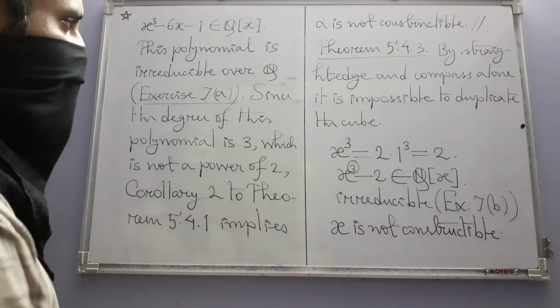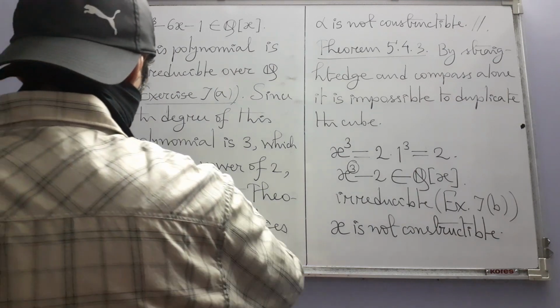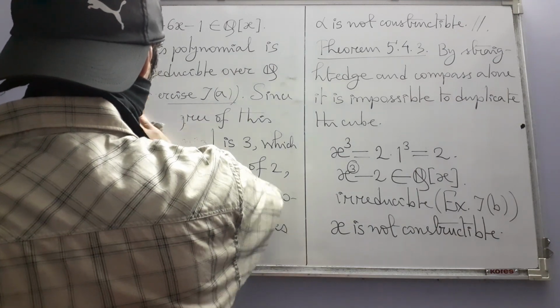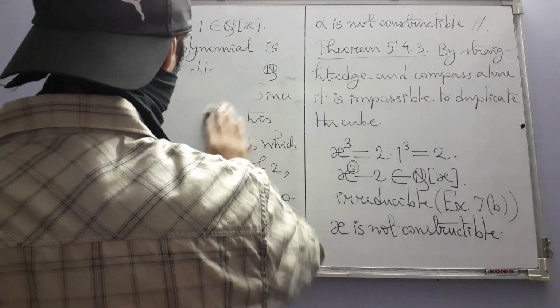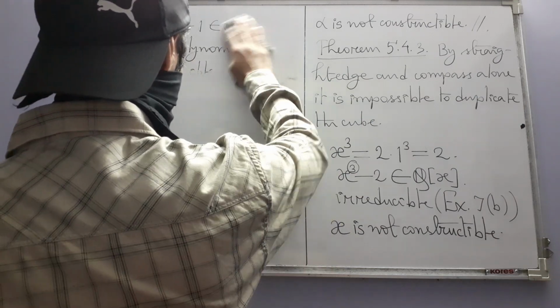And there is one more. It's about a regular polygon. Impossibility of constructing a regular polygon having 7 sides, a septagon.